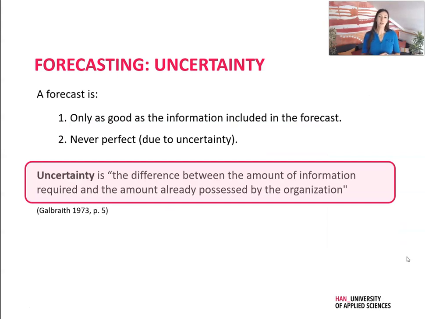Forecasting is all about uncertainty, because a forecast is only as good as the information included in the forecast. It is therefore never perfect, because we are always missing some information out there. That's why it's so difficult to predict the future. Uncertainty, therefore, is defined as the difference between the amount of information that we need and the amount that we already have.